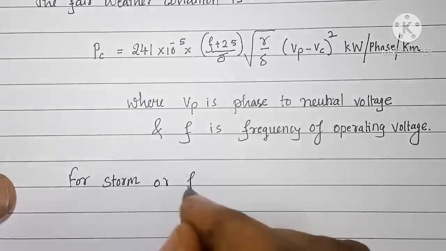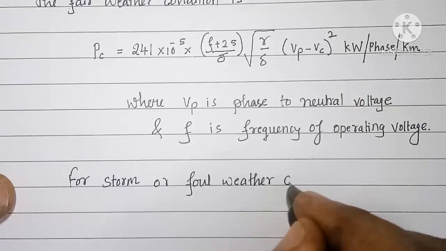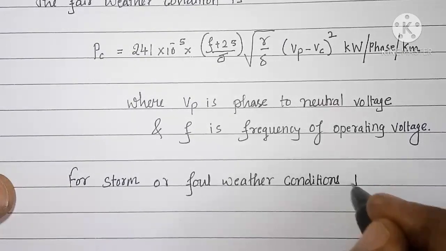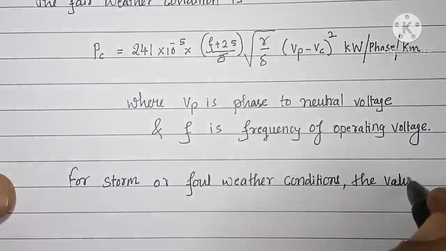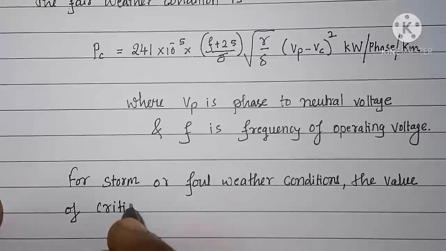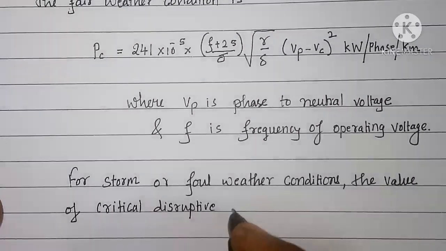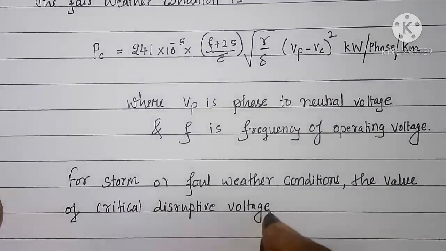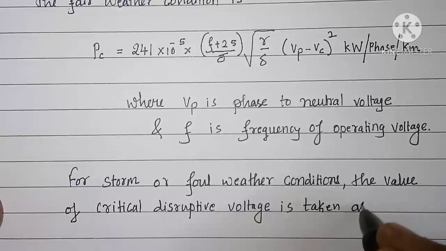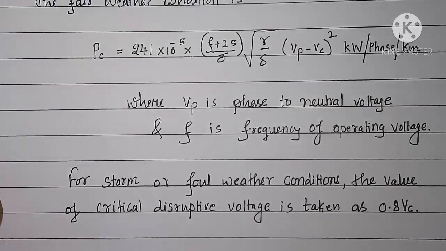For storm or foul weather conditions, the value of critical disruptive voltage is taken as 0.8 times Vc.